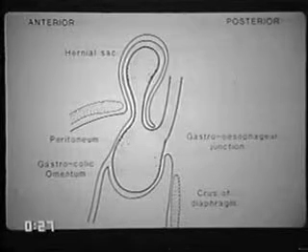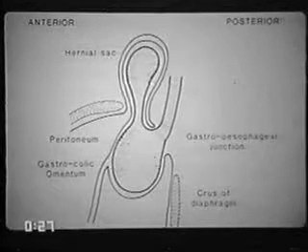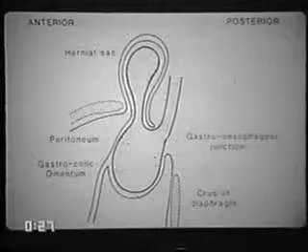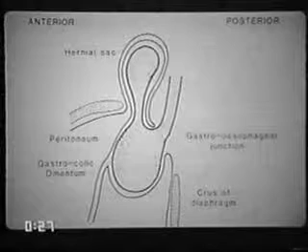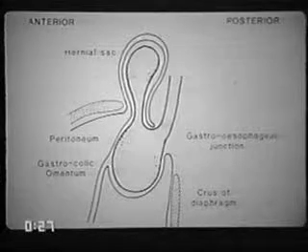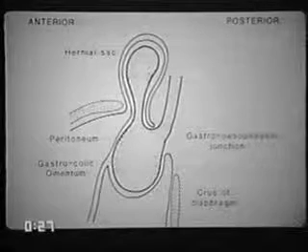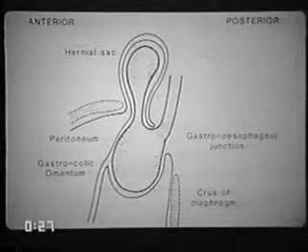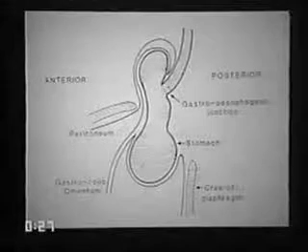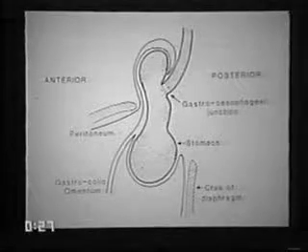The paraesophageal type 2 hernia, illustrated here, has the gastroesophageal junction in a normal location within the abdomen and herniation with a true hernia sac of the gastric fundus alongside the esophagus. And then the type 3 hernia is also a paraesophageal hernia that's a combination of the types 1 and 2.